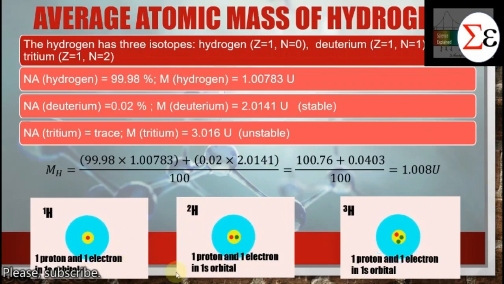Since tritium is unstable, it is radioactive, only the data of hydrogen and deuterium is taken into account in the equation of the atomic mass of hydrogen. The Na of each stable isotope, and the atomic mass of each isotope, give a number very close to the atomic mass of hydrogen-1.